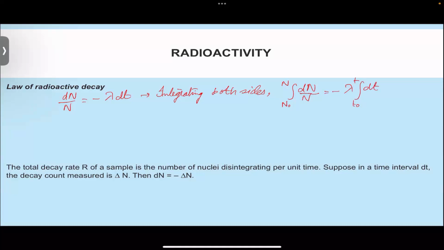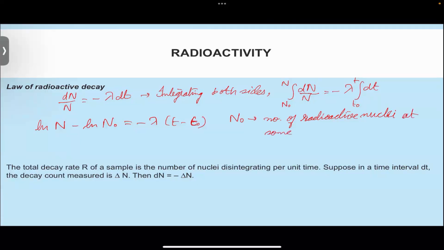If you expand, you get ln N, the natural log of N, minus the natural log of N0, equals -λ(t - t0). Now what is this N0? N0 is the number of radioactive nuclei at some time t0.